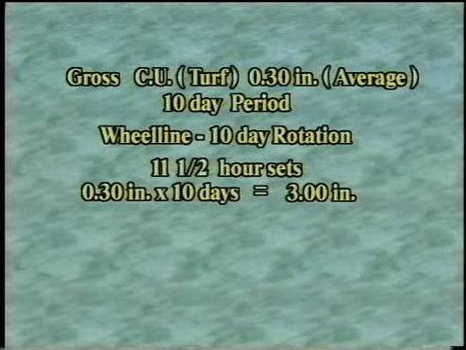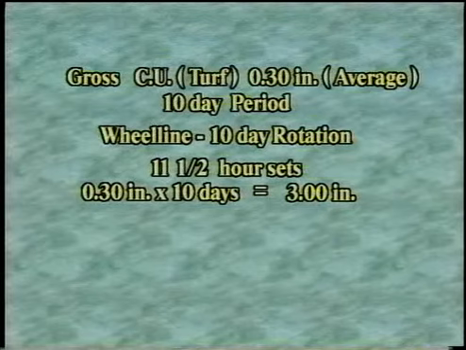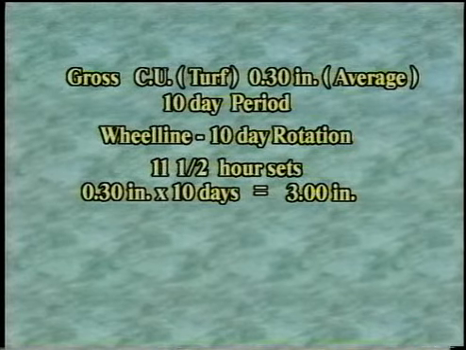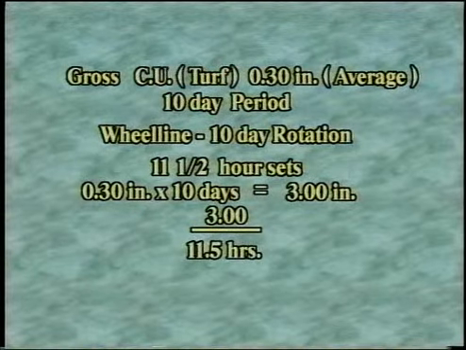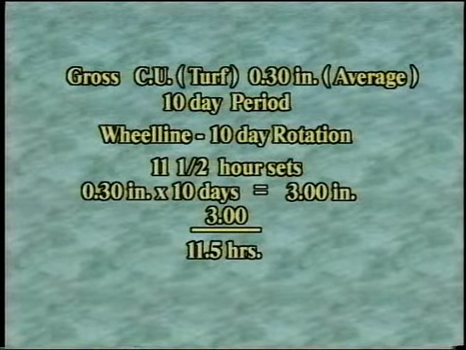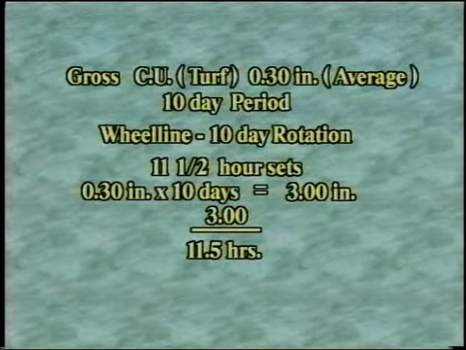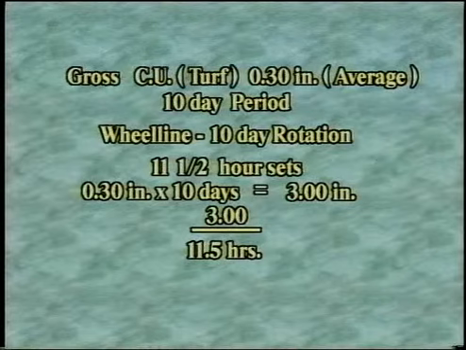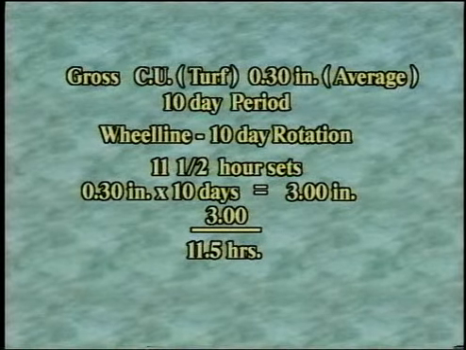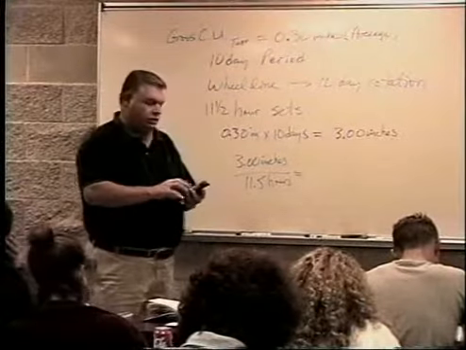Now, how fast do we have to put the water into the ground? Well, we know we're going to put down 3 inches. We got 11.5 hours to do it. And we get ourselves a precipitation rate. Well, in this case, an application rate for our system.